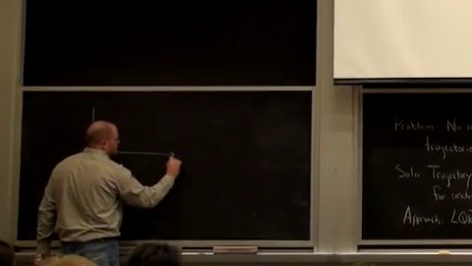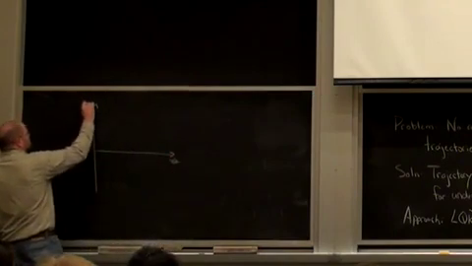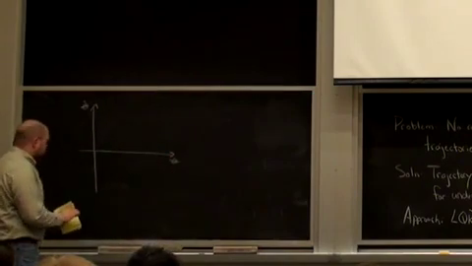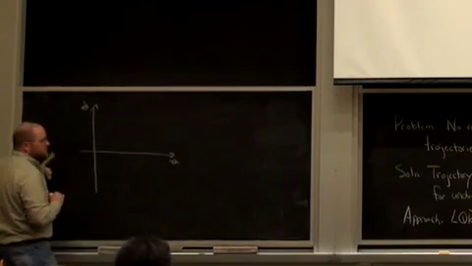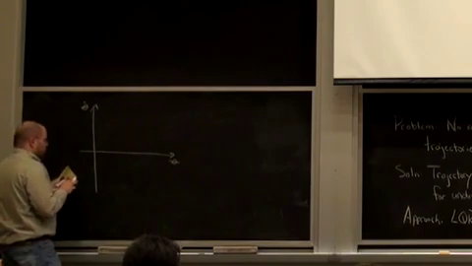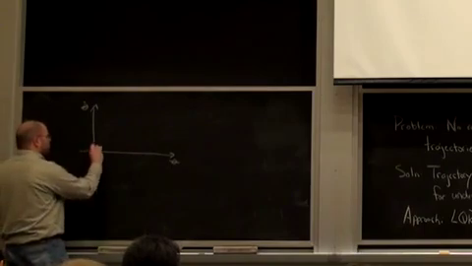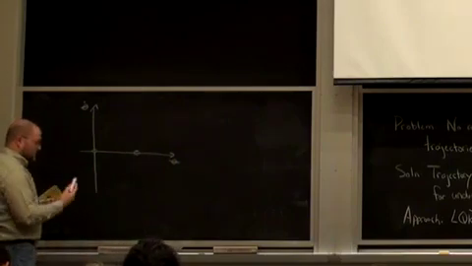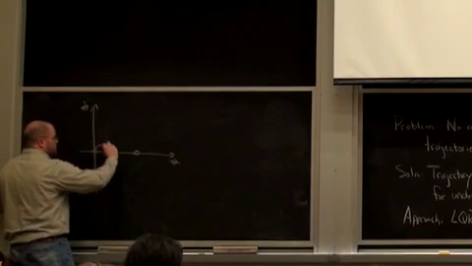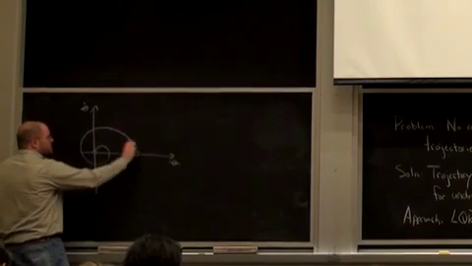Our favorite theta dot. And let's say we find some nice solution which gets me from one fixed point to the other fixed point. The ones that we were getting were these pump up trajectories which looked something like this, right?